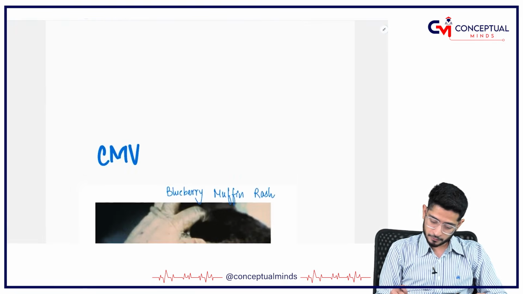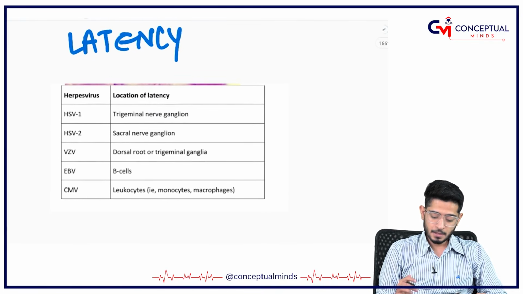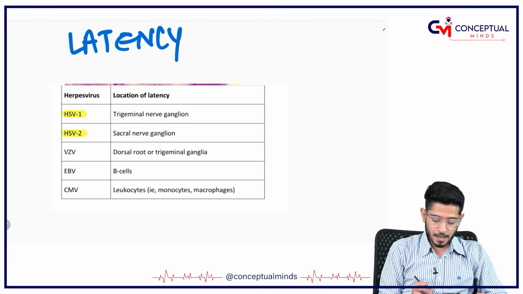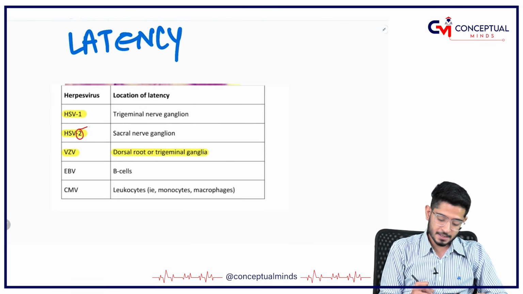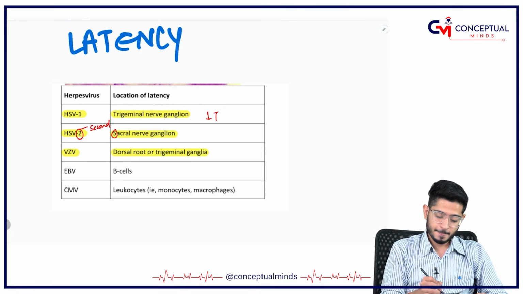First of all, see this picture, the latency. I told you HSV-1, 2 and varicella. Varicella resides in dorsal root ganglia or trigeminal ganglia. HSV-2, 2 means second, so it resides in the sacral nerve ganglia, and S1 and T look similar, so trigeminal nerve ganglia is HSV-1.